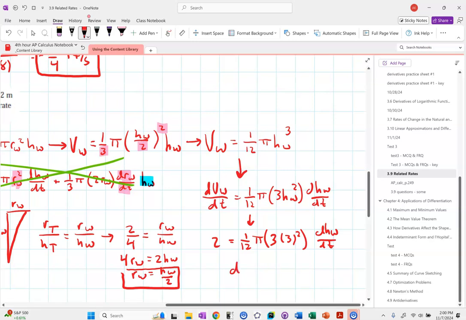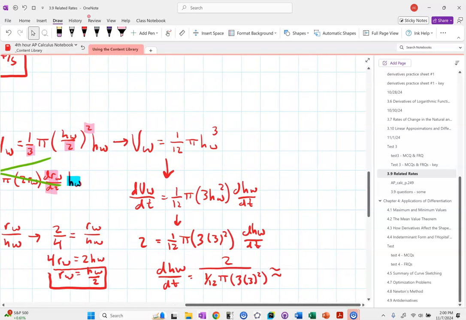So if I just divide both sides by all that junk, I get about 0.283 meters per minute.